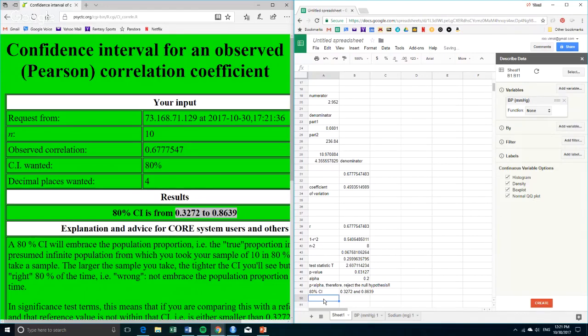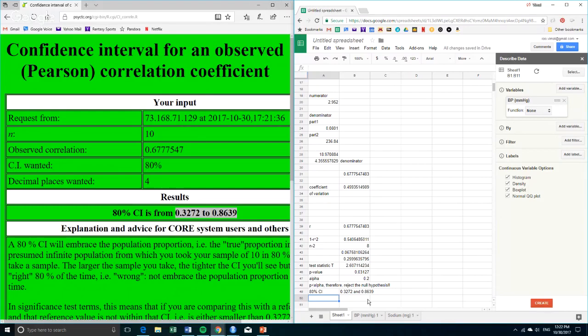So in 80% of confidence intervals for the correlation coefficient generated from samples of size 10, well, 80% of those confidence intervals will contain the true correlation coefficient. That's how we interpret it, right? But in practice, we say it's 80% likely that the true correlation between sodium and systolic blood pressure is between 0.3272 and 0.8639.